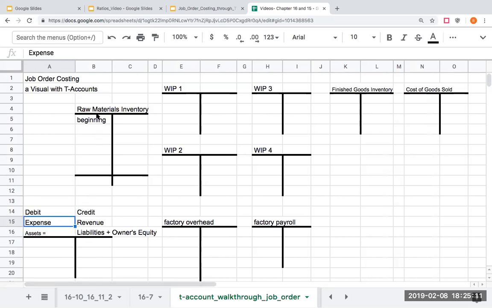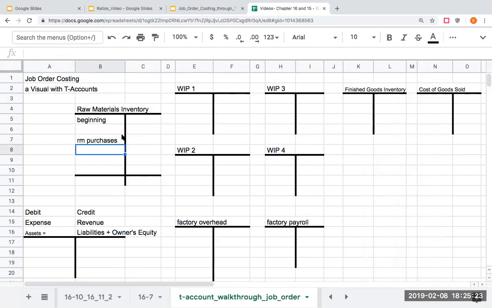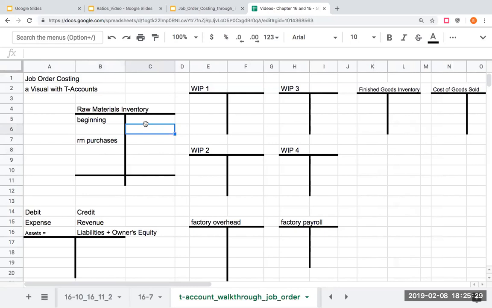So here, if I have my raw materials inventory, I'm going to have a beginning balance in that. And then any raw materials purchases are going to go over here as a debit to my raw materials inventory. Now, what exactly comes out of raw materials inventory?